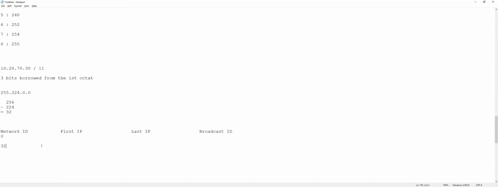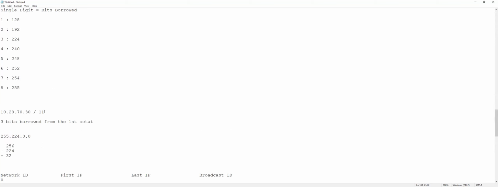So if you get a question like this, this is basically how you do it. You can use this formula. You already know that class A starts from /8, class B starts from /16, class C starts from /24. So in a case like this, you borrow 3 bits from the first octet, but regardless of which octet you're using, this formula stays the same.